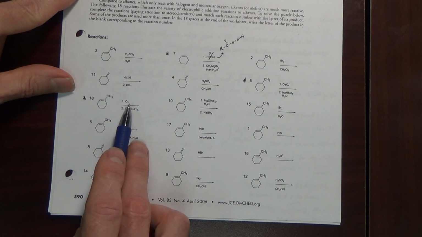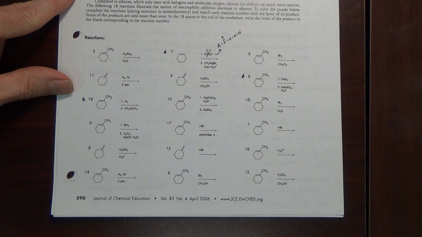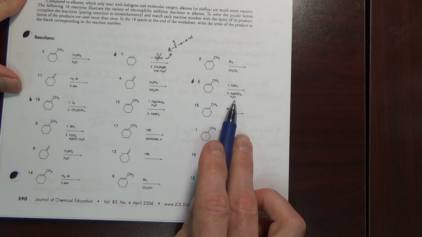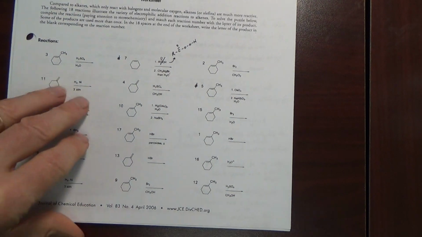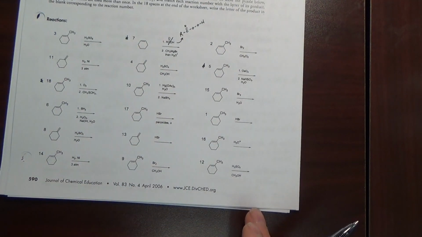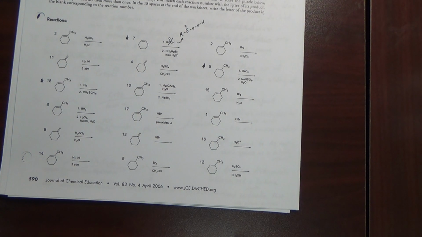And you see 18 is an ozonolysis, and then 5 is osmium tetroxide. So you can try those two reactions here, and the remainder would be some good review for a final exam. But at this point, I would just focus on 18 and 5.